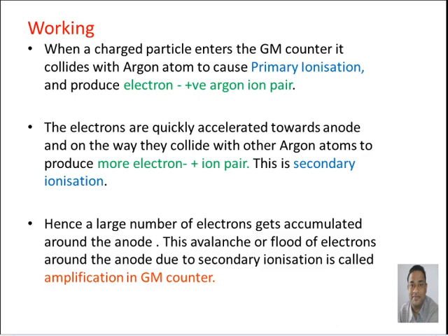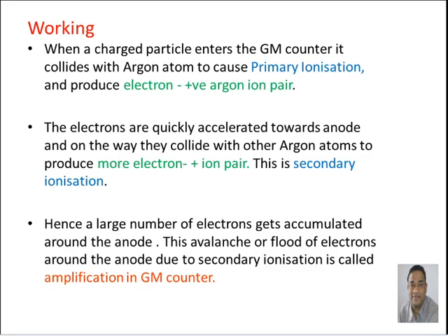Let's briefly see what the process of ionization is. We know that whenever an energetic charged particle, meaning one having high kinetic energy, collides with another atom, it knocks off or takes out an electron from that atom.